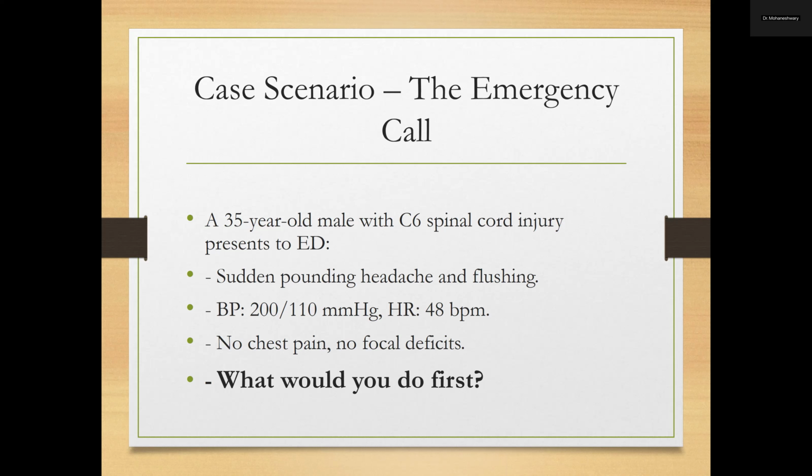His blood pressure is about 200 systolic over 110 diastolic, and heart rate is 48. There's no chest pain and no neurological deficits. So what would all of you do first? Maybe I can get some answers, some feedback. What would you do?